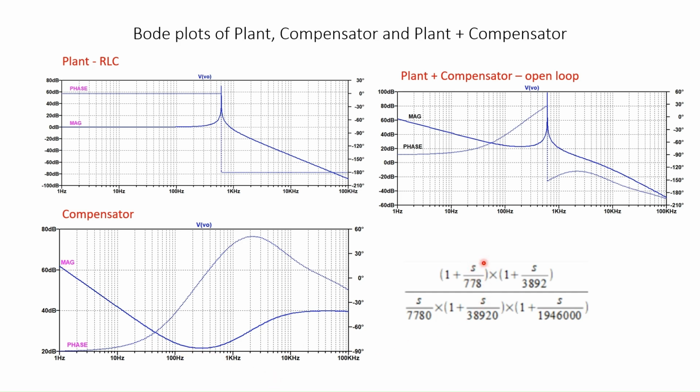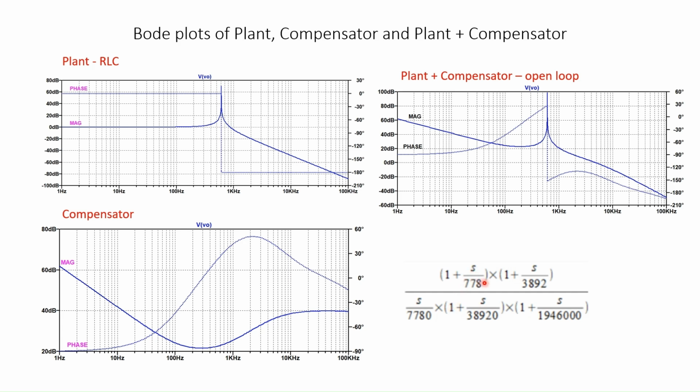When the frequency crosses 778 radians per second, this term becomes more significant than this, and effectively these two terms will decide the magnitude, because at all other frequencies the other terms will be 1.